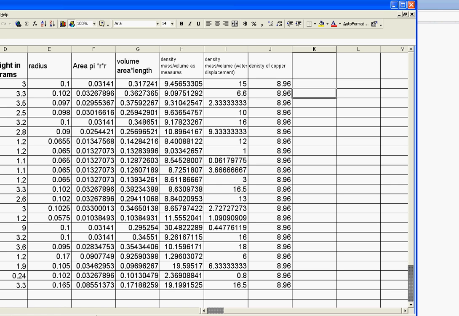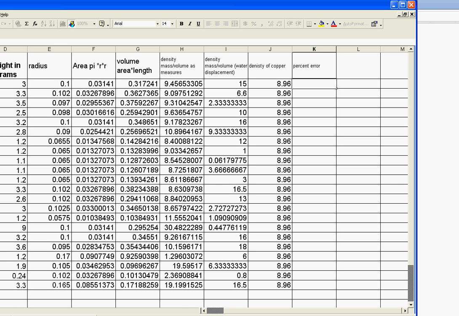So in order to do the percent error, it's the actual density of copper, which in this case is 8.96, minus the experimental amount, divided by the actual density.